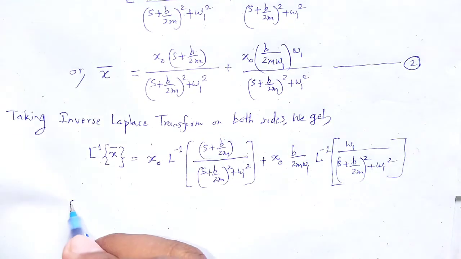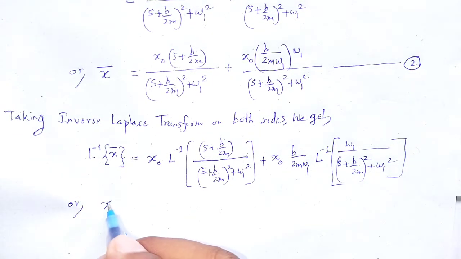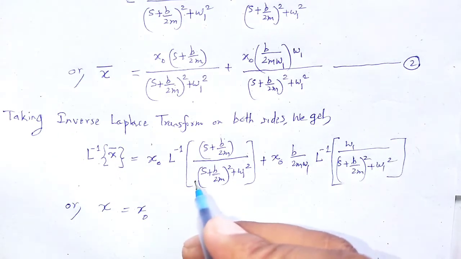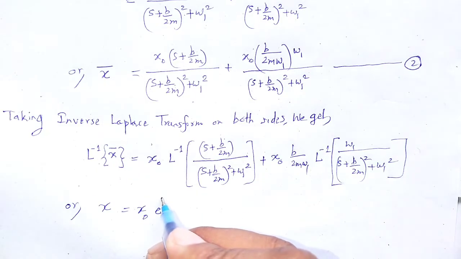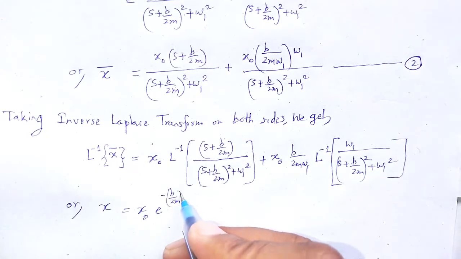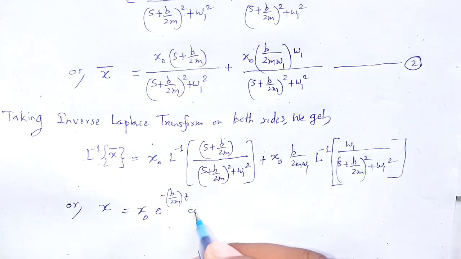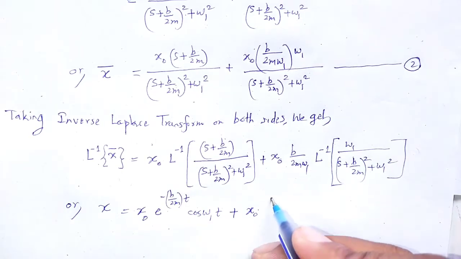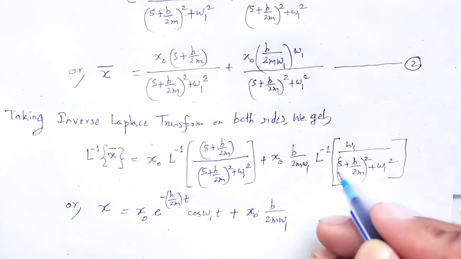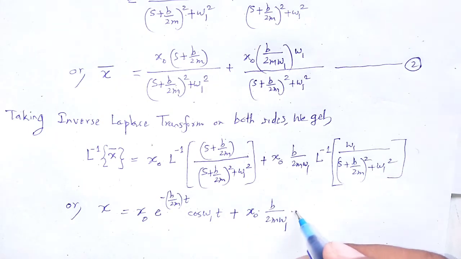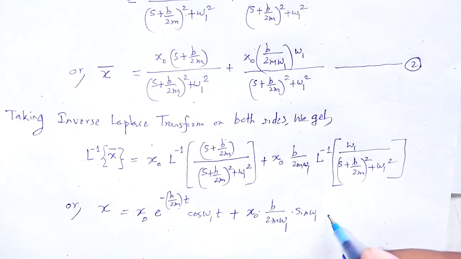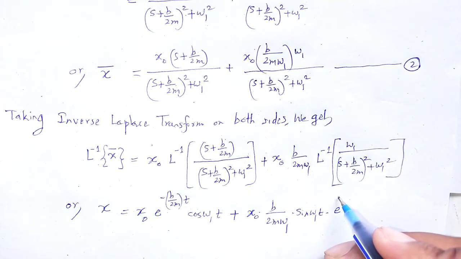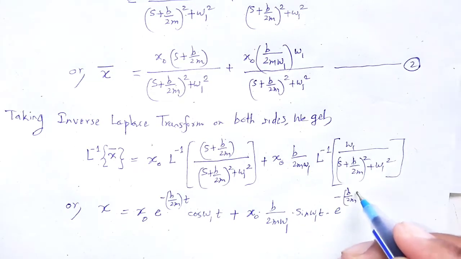Therefore, the inverse Laplace transform of x bar is equal to x, which is equal to x naught times its inverse Laplace transform, e to the power minus b by 2m into t, cos omega 1 t, plus x naught b by 2m omega 1 times its inverse Laplace transform, sin omega 1 t into e to the power minus b by 2m whole into t.